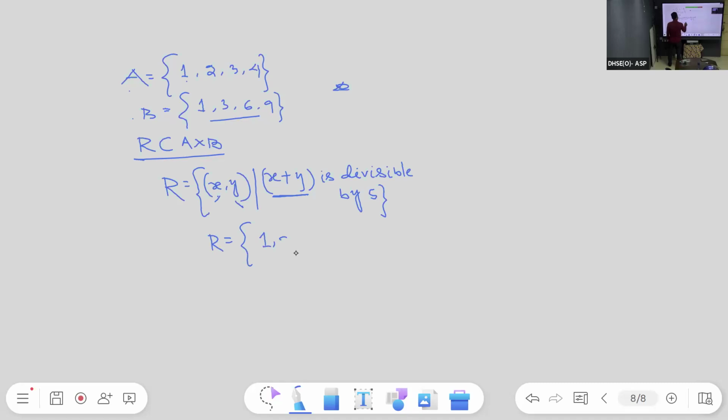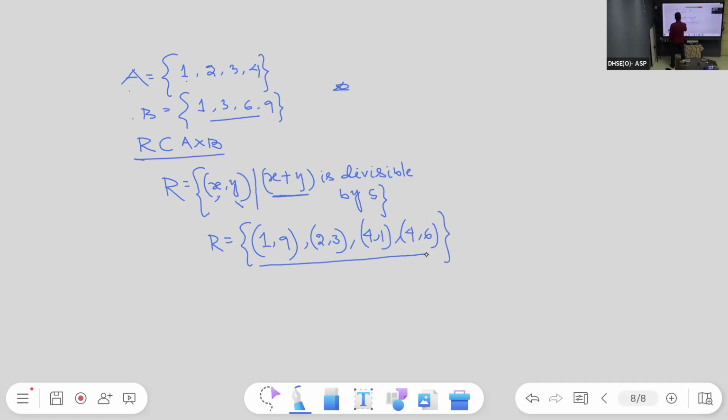So (1, 9) belongs to the relation set R. Similarly, 2 plus 1 is not divisible by 5, 2 plus 3 is divisible by 5, 2 plus 3 is 5, 2 plus 6 is 8, 2 plus 9 is 11, 3 plus 1 is not divisible, 3 plus 3 is not divisible by 5, 3 plus 6, no, 3 plus 9, no. 4 plus 1 is divisible by 5, 4 plus 3 is not divisible by 5, 4 plus 6 is divisible by 5. These are the only possibilities.